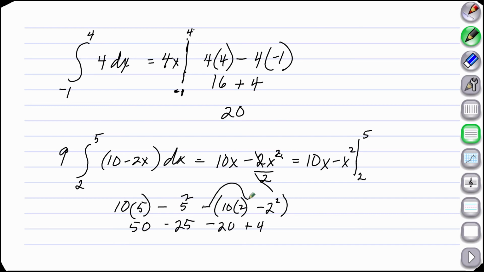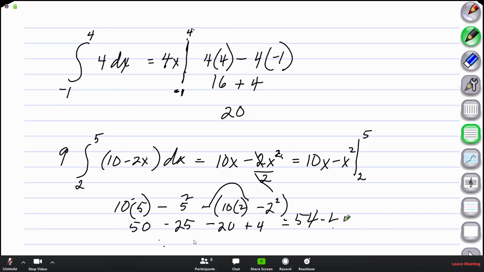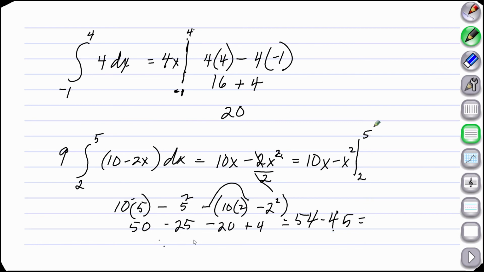Distributing those signs and calculating all this out, and it should be 54 minus 45. Let me write it. I'm frozen up again. So the area underneath this curve from 5 to 2 is 9 units, if I calculated it correctly.